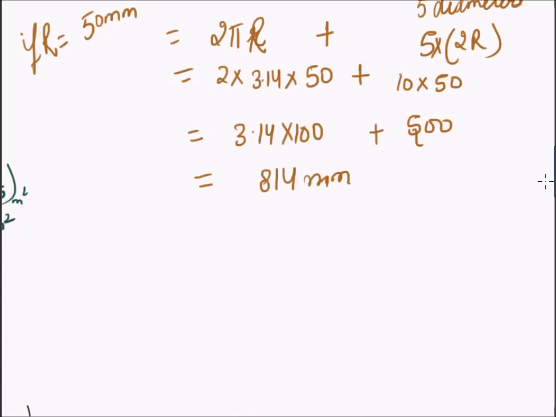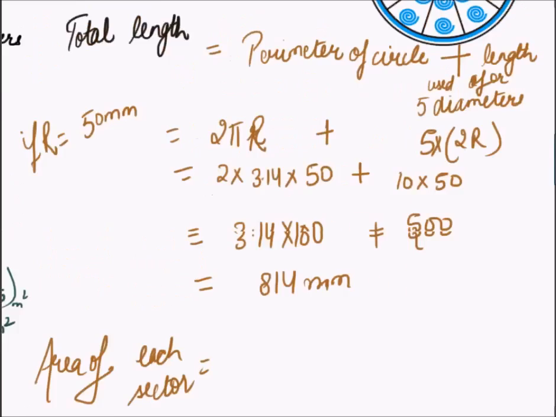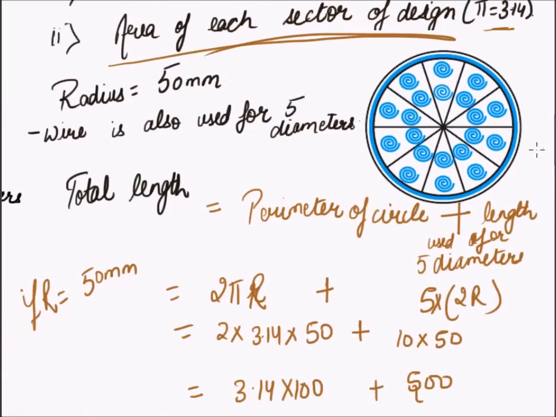So the area of each sector, what will it be? Friends, first of all, we need to know how many sectors are there. We have 1, 2, 3, 4, 5, 6, 7, 8, 9, 10.